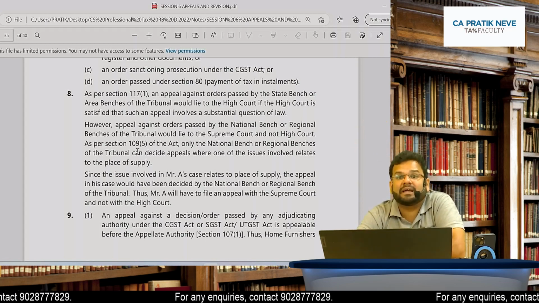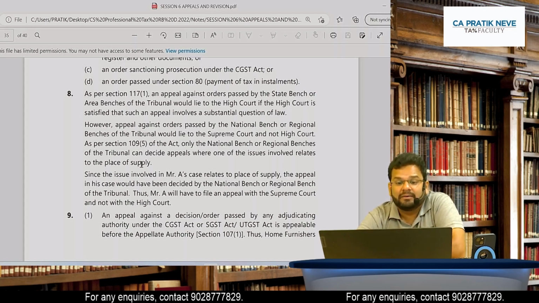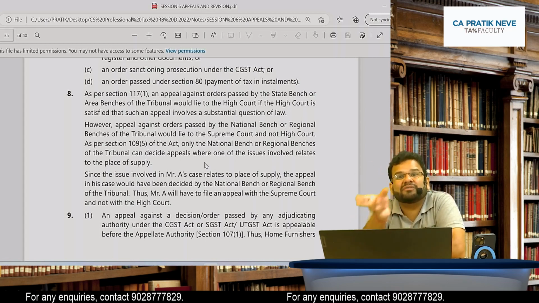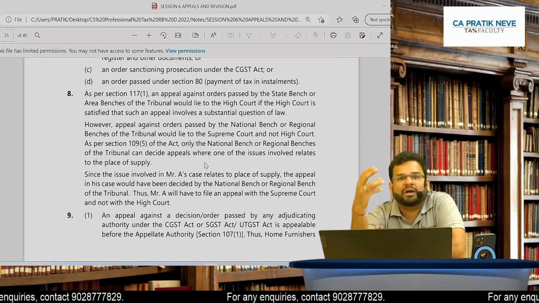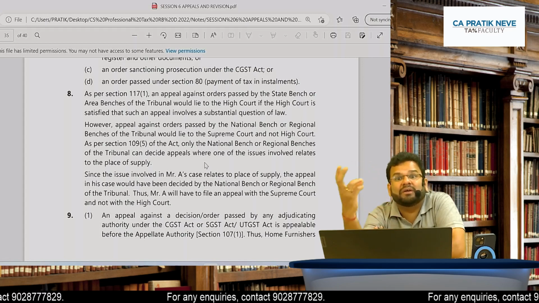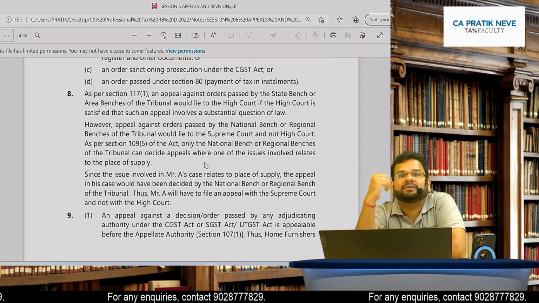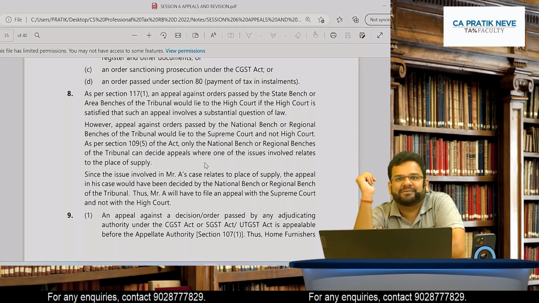As per 109(5) of the Act, only the national bench or regional benches of the tribunal can decide appeals, because place of supply involves different states. So you cannot expect a bench lower than the national bench to give a decision on such issues which are national issues.